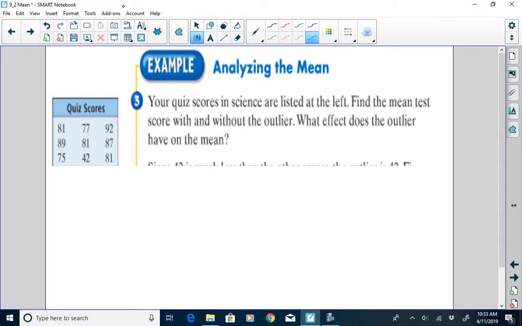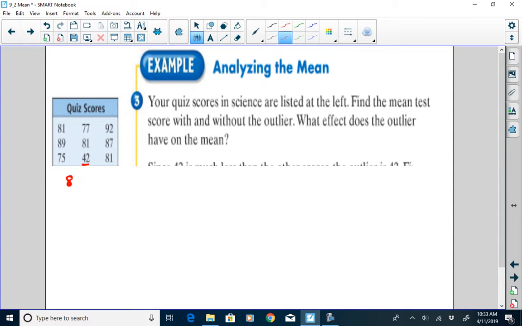So we want to identify the outlier. So the outlier here looks like it would be the 42, because the 42 is significantly less than all of the other values. So let's find the sum without the outlier.